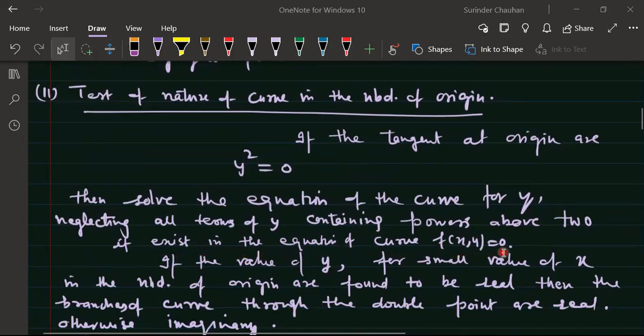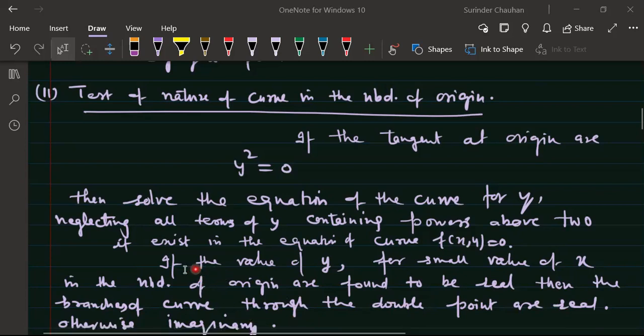If the values of y for small values of x in the neighborhood of the origin are found to be real, then the branches of the curve through the double point are real. Otherwise, they are not real.